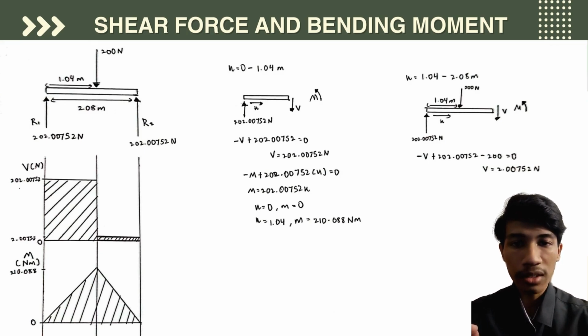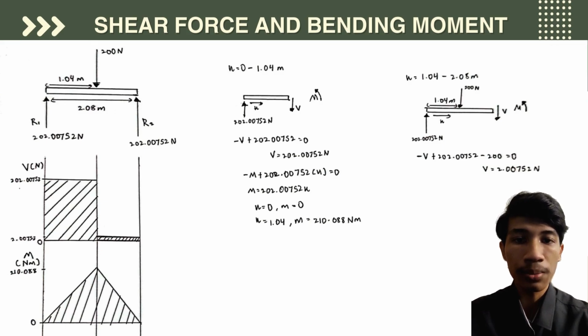With x from 0 to 1.04 meter, the V we will get is 202.00752 Newton. The moment we get, counterclockwise, is 0 to 210.088 Newton meter.